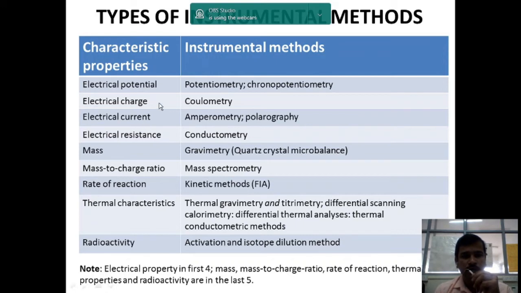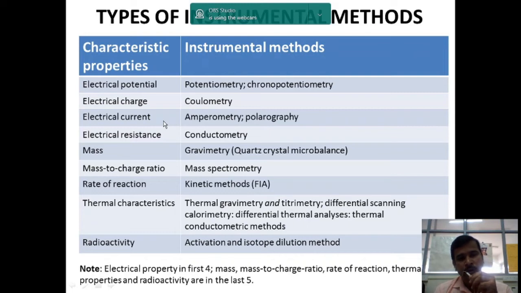During the oxidation or reduction process, some quantity of the charge is going to be utilized or generated, that will be measured in coulometry. And even electrical current, what is the amount of the current going to be generated due to a parallel redox process, because electrons will be moving in opposite to the current.